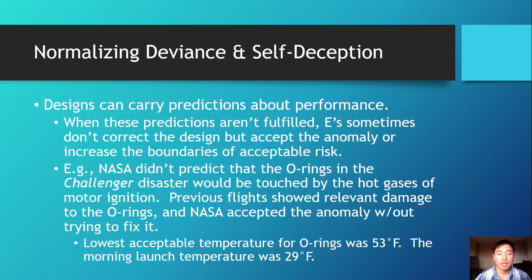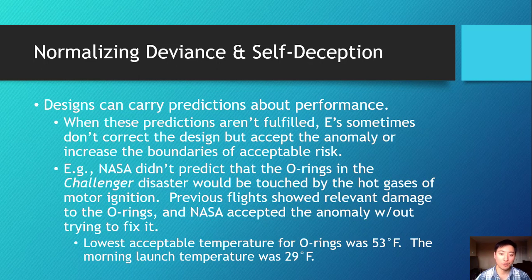Also, the lowest acceptable temperature for the O-rings was 53 degrees Fahrenheit. And remember, the morning of the actual launch, the temperature was 29 degrees Fahrenheit, over 20 degrees lower than what was acceptable for the O-rings. However, NASA as well as the O-ring company expanded the acceptable boundaries of risk dramatically, by over 20 degrees.